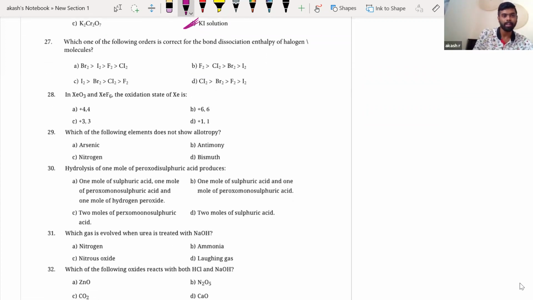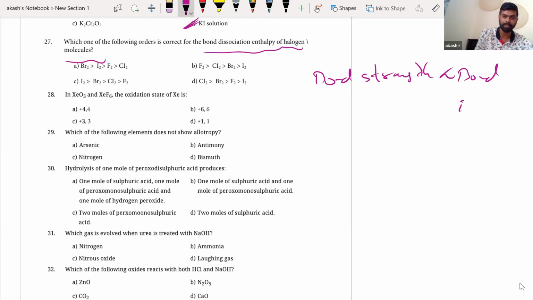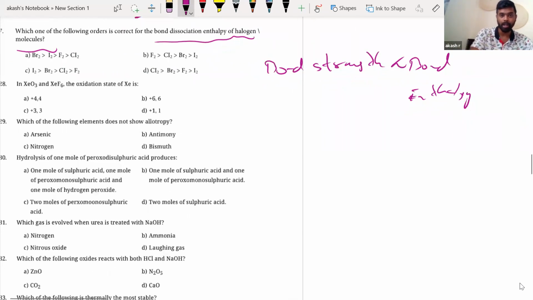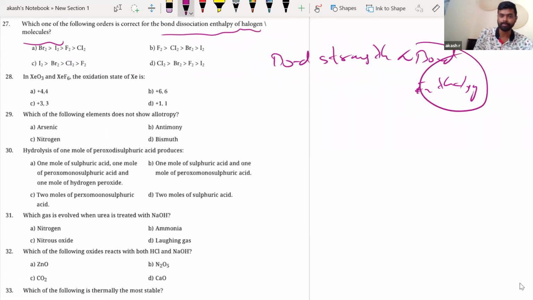Okay, fine. Next. Which one of the following is the correct order of bond dissociation enthalpy of molecules? Now, please understand, people. Bond strength is directly proportional to bond enthalpy. We all know bond enthalpy is the energy required to break the bond. So a stronger bond requires more energy, right? Now, how do you decide the bond strength? Bond strength is inversely proportional to the size.